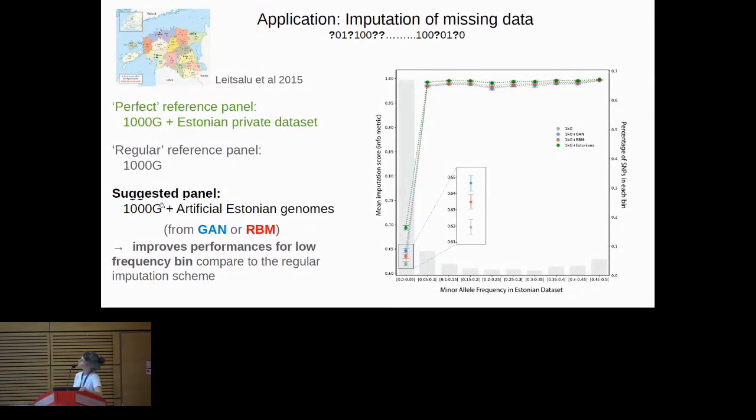But what we suggest is to augment the public dataset with GAN or RBM synthetic data. And so if you look here, that's how good you are. That's a classical imputation that is always quite easy for common alleles, but for rare alleles, it's not that easy. And so what you can see is that it's always better to have, of course, the full Estonian private dataset. But if you have the artificial genome on top of the 1000 Genomes, then you will improve the imputation.